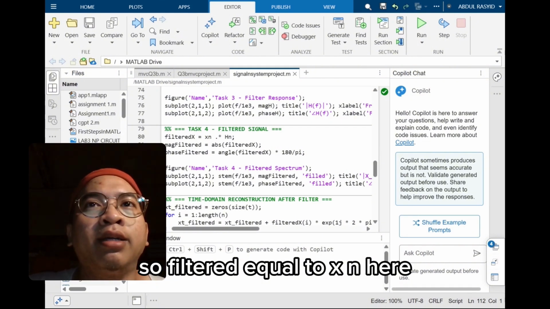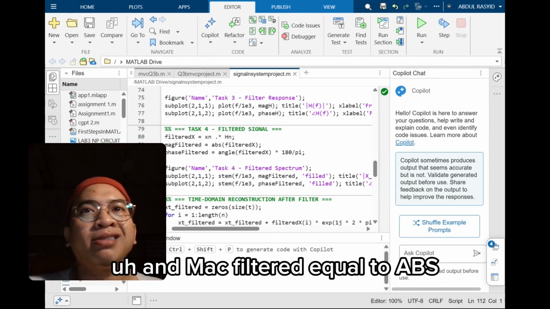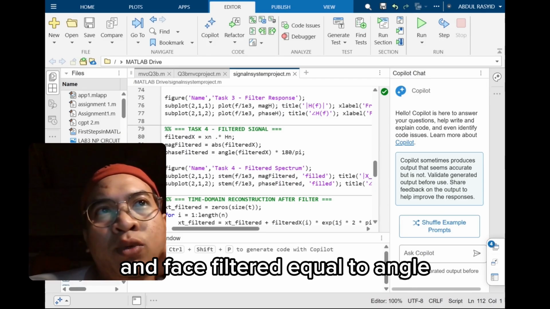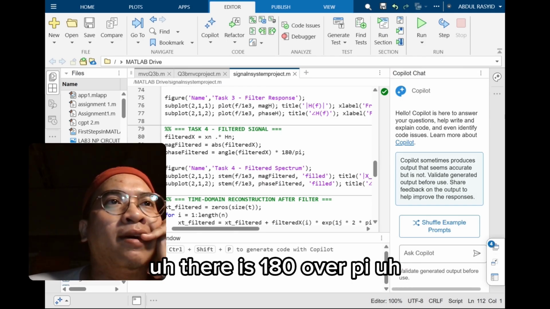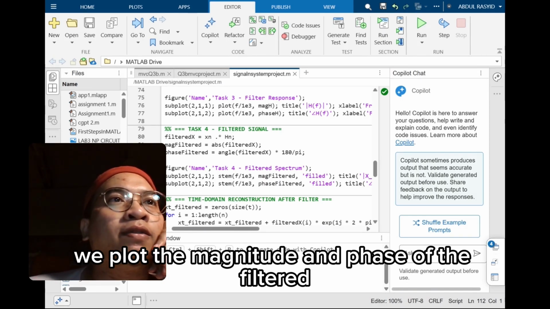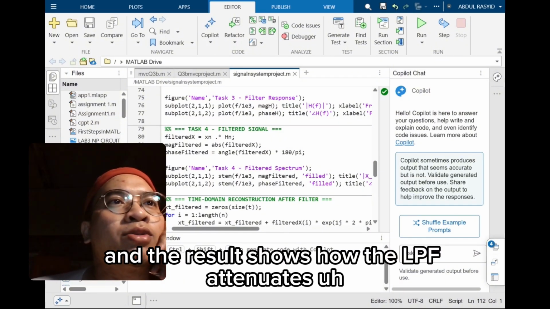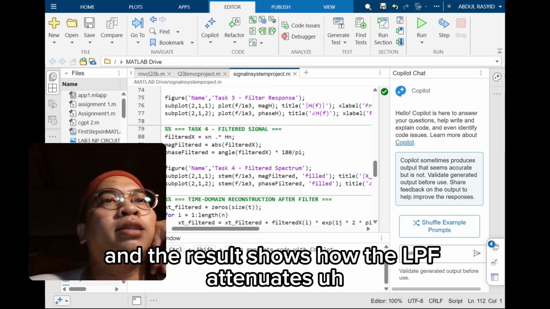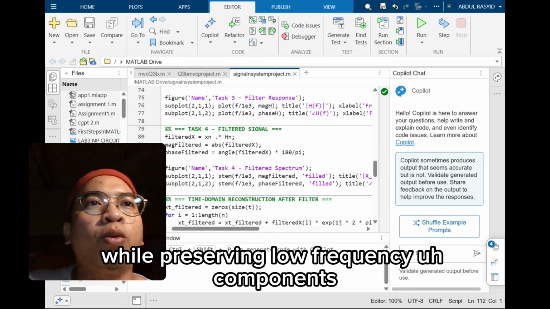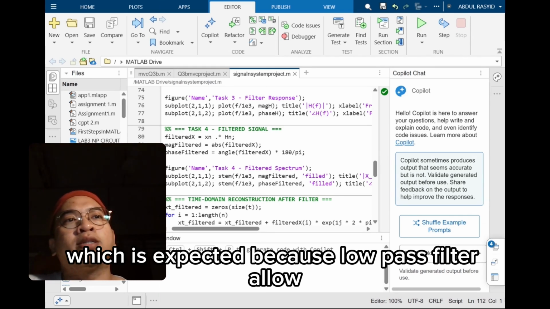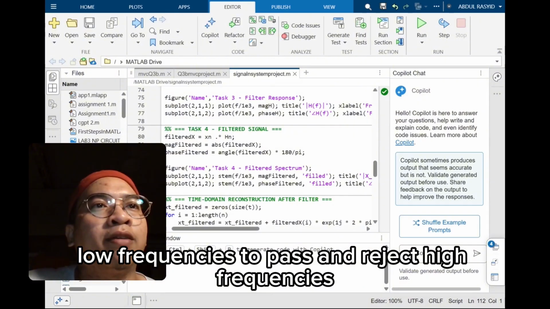Then the magnitude is abs of the filtered spectrum and the phase is angle times 180 over pi. We plot the magnitude and phase of the filtered spectrum using stem plots. The result shows how the LPF attenuates higher frequency harmonics while preserving low frequency components, which is expected because a low pass filter allows low frequencies to pass and rejects high frequencies.